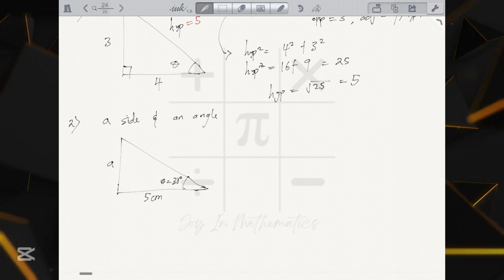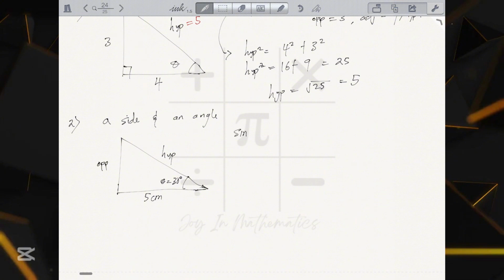Let's call that opposite, and the hypotenuse. So these are the kind of questions that we might see when we are dealing with right angle triangles coupled with Pythagoras theorem. Now, how do we go about this? We are given a side and we are given an angle.